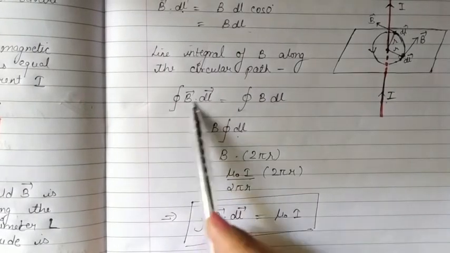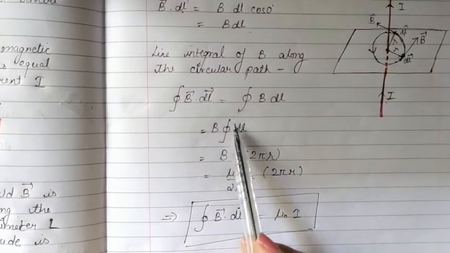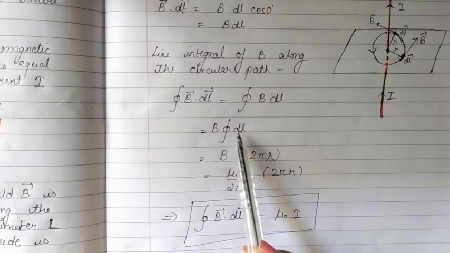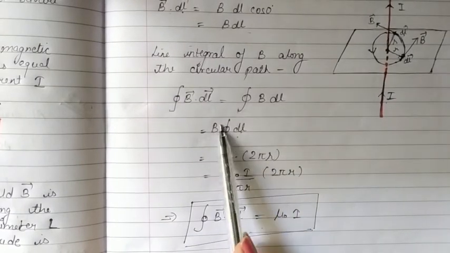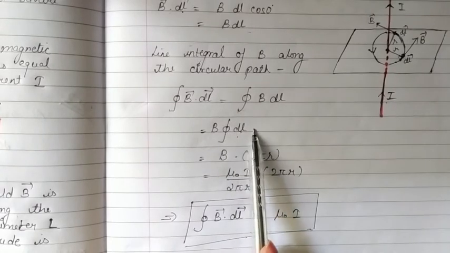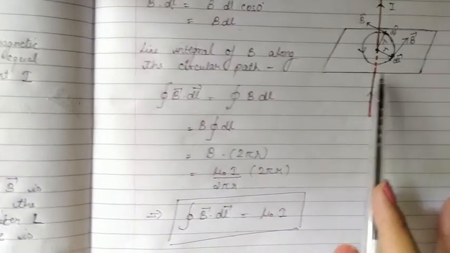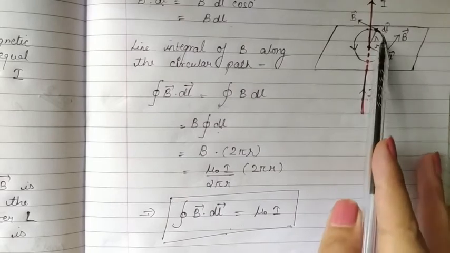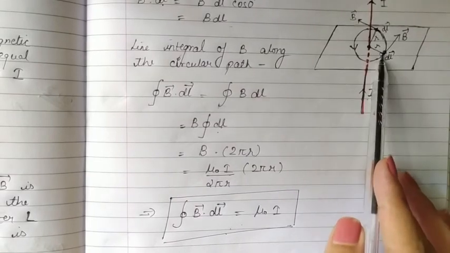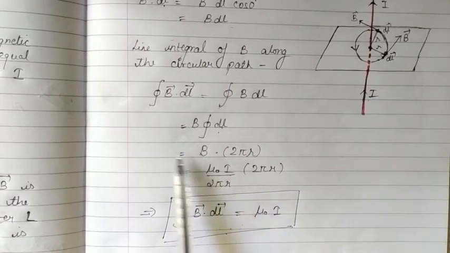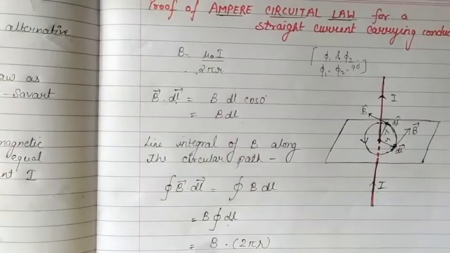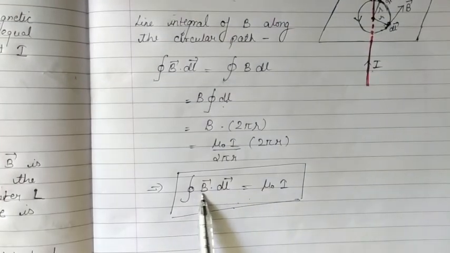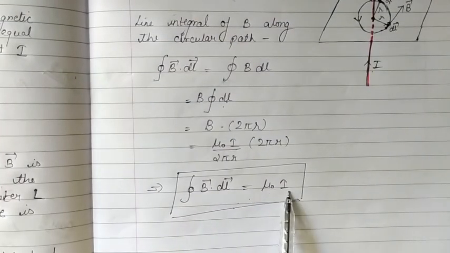So what we get is B constant and the integral of dl over the closed circuit, and this integral is equal to the whole length of the circuit, which in this case is the circumference of this circle. So this line integral is equal to B into 2 pi r, and we substitute the value of B from here. On solving this, we get the closed integral of B dot dl is equal to mu naught times the current flowing through the conductor.